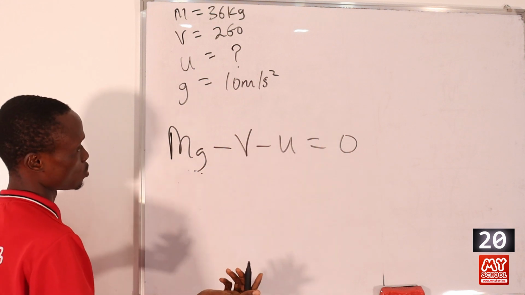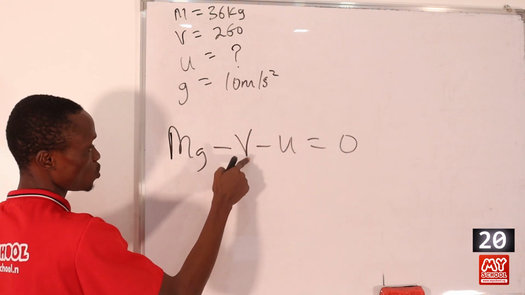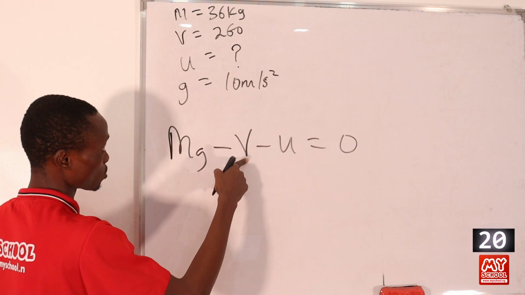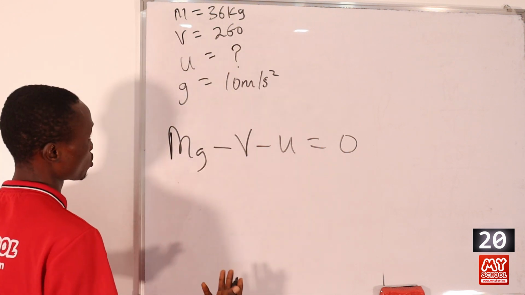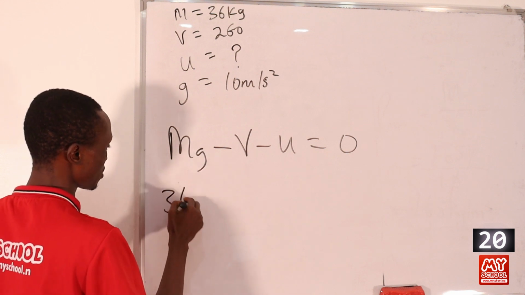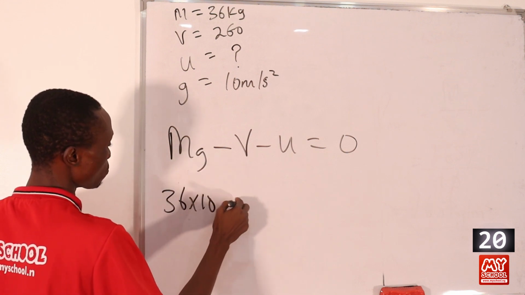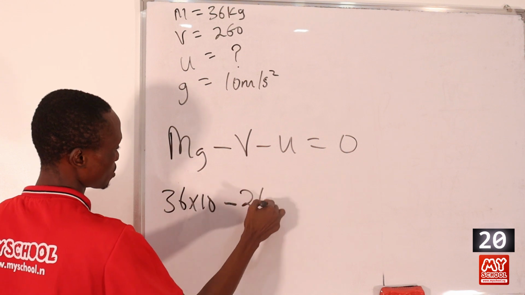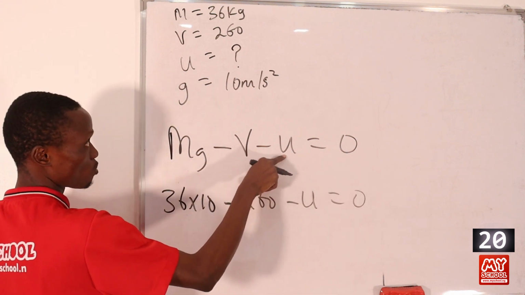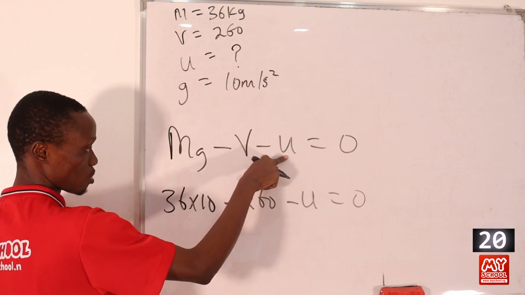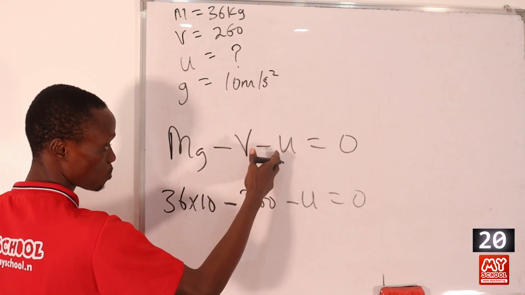So we just substitute. Now remember that v here, which is the drag force or the viscous force, is given to us to be equal to 260 Newton. So here we'll have 36 times 10, then minus 260, then minus u is equal to 0. We are actually looking for the upthrust of the liquid on the object, right?